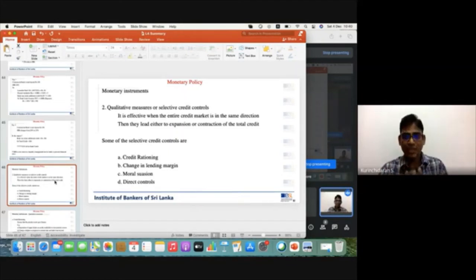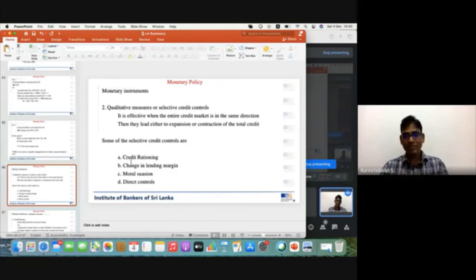So then banks will lend more. If it is a 1 million worth of vehicle, up to now they were lending only 500,000. Now we have increased the LTV value from 50 to 70%, so they can lend 700,000. Or if you say 100%, they can lend in full. So people can buy vehicles. So this is a change in lending margin.